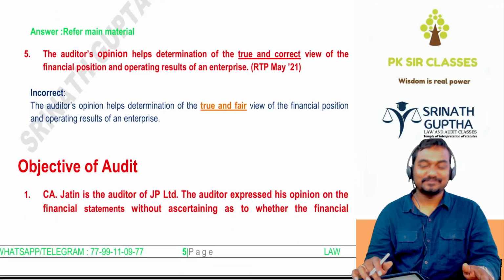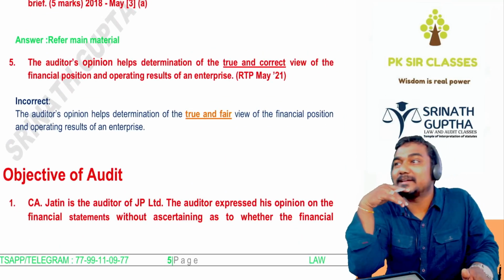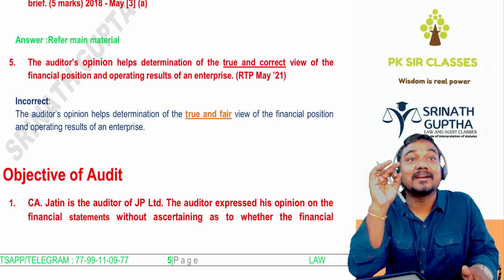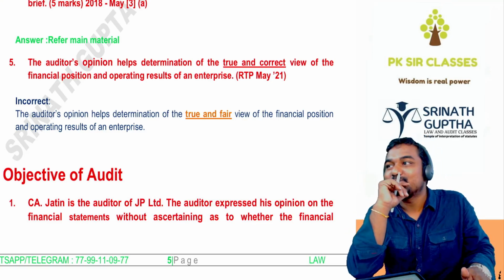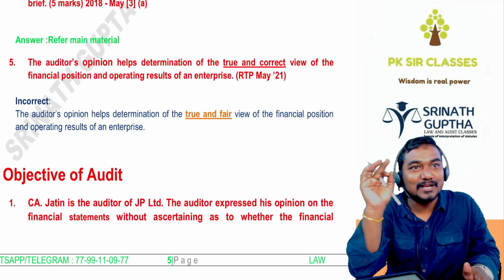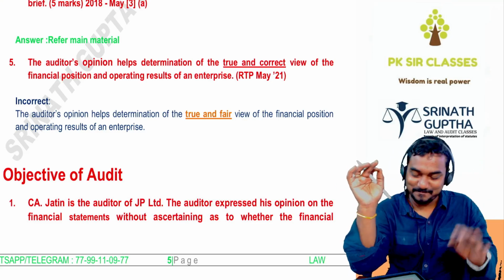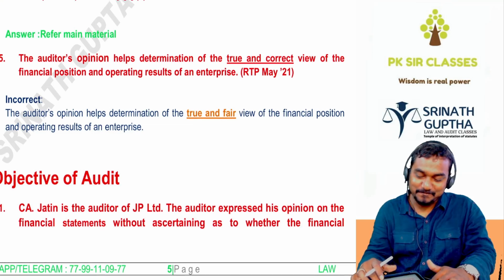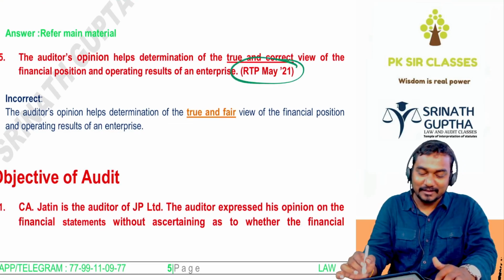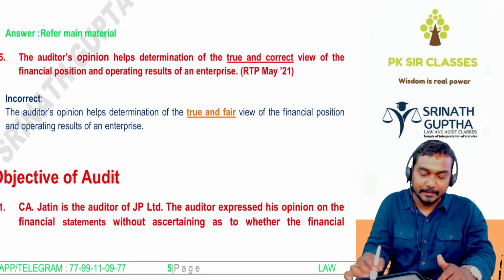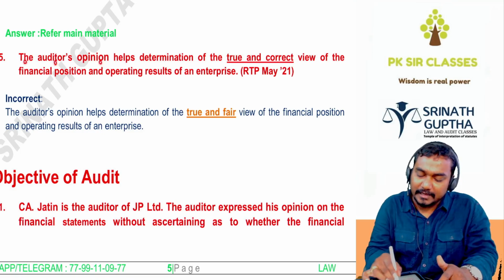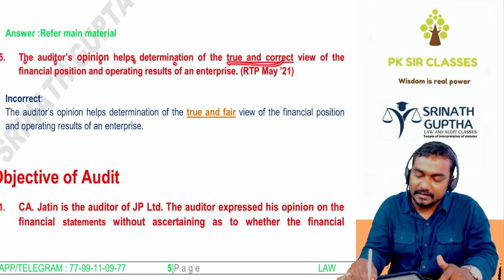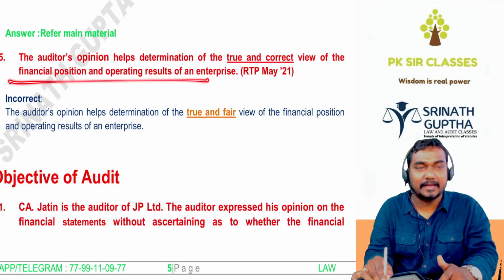Done. After writing this, read it again and again, 4 times, and write it again and again. Look at this, beta, this question came in 21 in the exam and RTP: The auditor's opinion helps the determination of true and correct view of the financial position of the enterprise. True only?